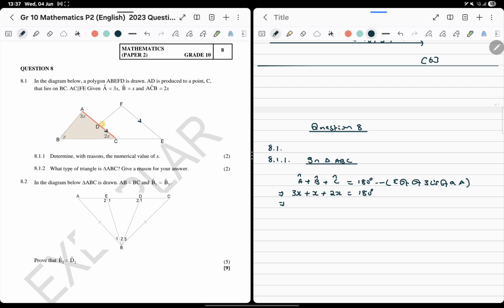This is 3 plus 1 plus 2, this is 6x is equal to 180 degrees. Therefore, x is 180 divided by 6. This is 30 degrees. Remember, it's an angle. If you're missing the degrees, you just write 30, you are dead.